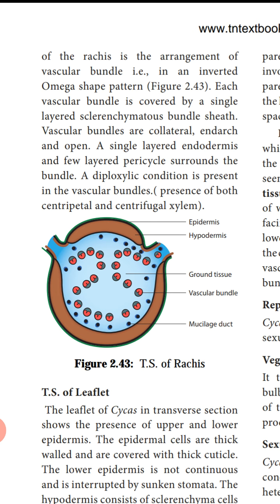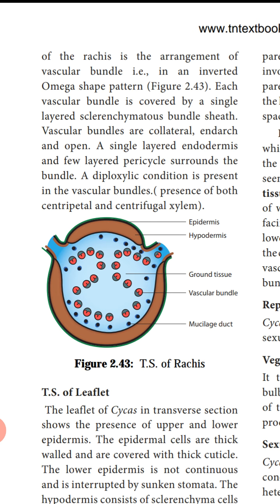Exarch condition, which we studied in the roots. What is that exarch condition? That is, the protoxylem is towards the outer side and metaxylem is towards the center. This arrangement is called the exarch, or the centripetal type of xylem. Centrifugal refers to what?